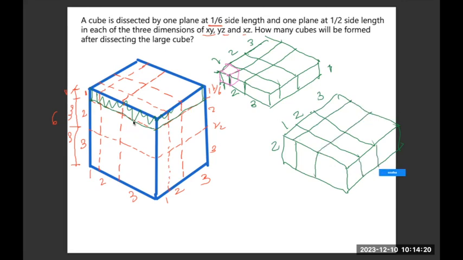In this again, the number of cubes that will be formed will be 1, which is a 2 by 2 by 2 cube. This is a 1 by 1 by 1 cube, and this will be a 2 by 2 by 2 cube. The rest are all cuboids. So in row 2 also, 1 cube will be formed of 2 height, 2 length, and 2 breadth.